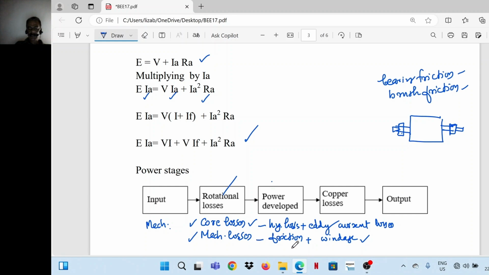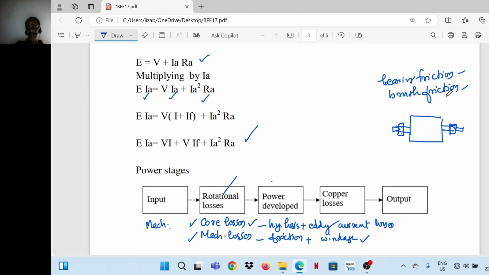Then mechanical losses are friction and windage. These are the components of mechanical losses. Friction means bearing friction and brush friction. Bearing friction: the armature is mounted on bearings and the frictional losses happening there, that is bearing friction.